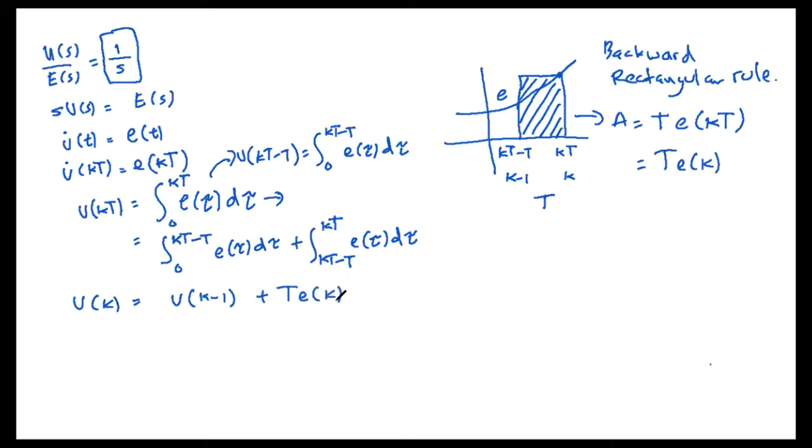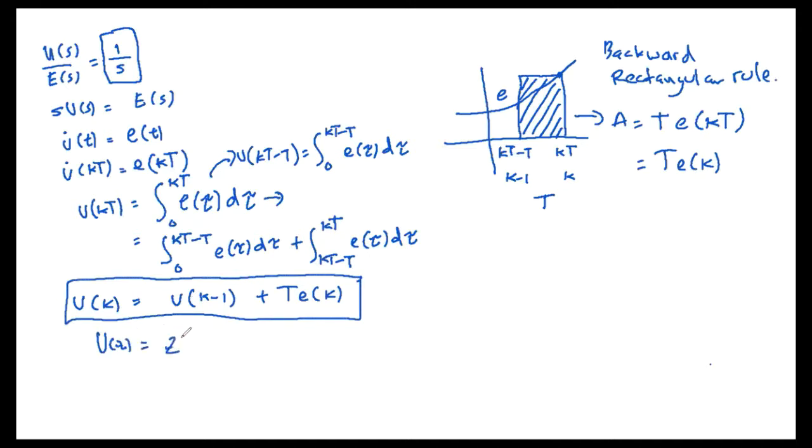And let's apply z transforms to get it in the z form. So u of k will be equal to capital U of z, u of k minus 1 is z inverse times u of z, plus t times e of z.